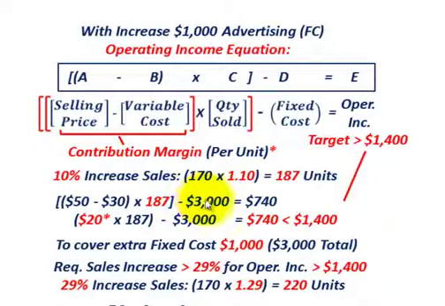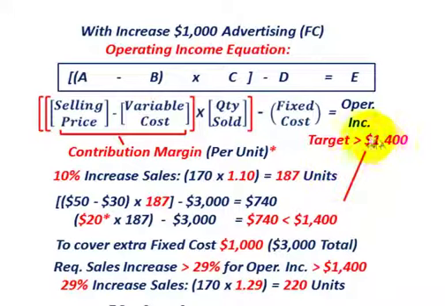We had the $2,000, and we added the extra $1,000, so now our fixed cost is $3,000. Our $20 in contribution times 187 units, less the $3,000 in fixed cost, gives us an operating income of $740.